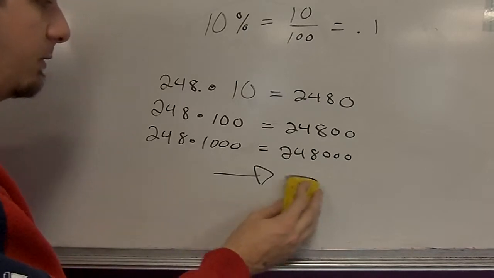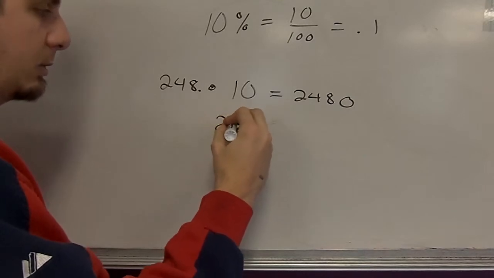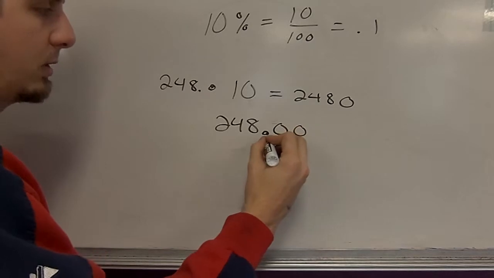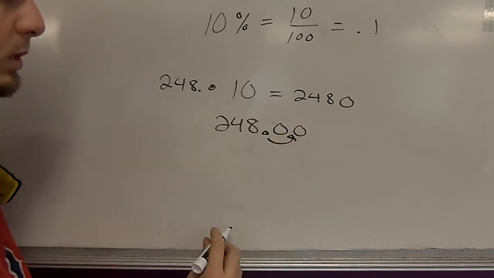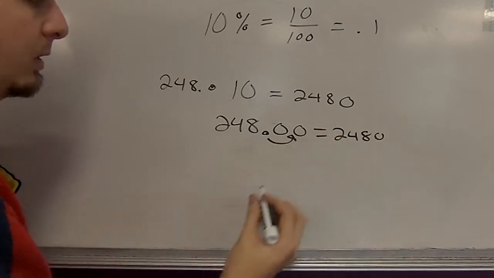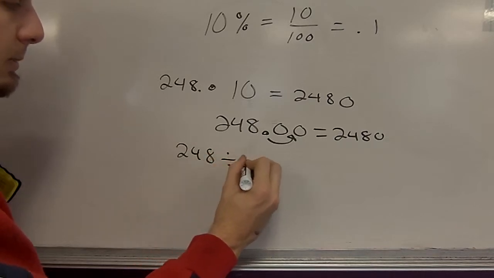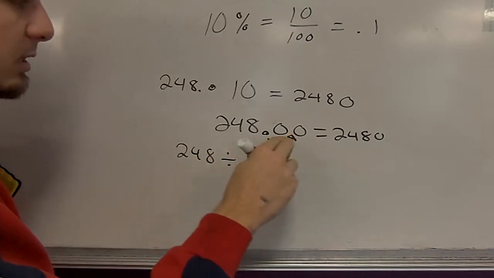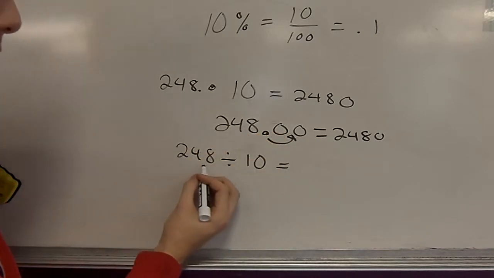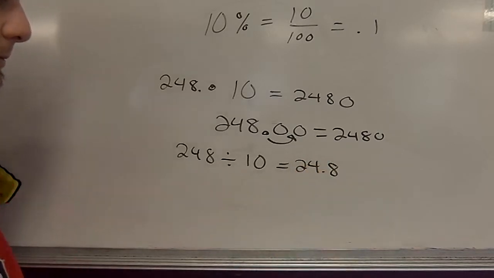If multiplying 248 will take its decimal and move it to the right one space, then 248 divided by 10 will do the opposite, and instead of moving that decimal to the right, it's going to move that decimal to the left. 248 divided by 10 would be 24.8.